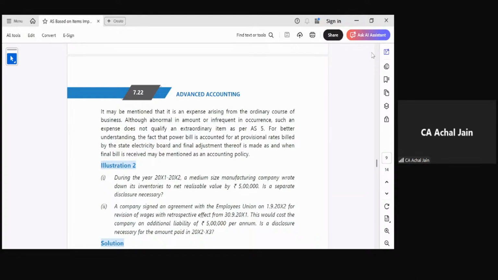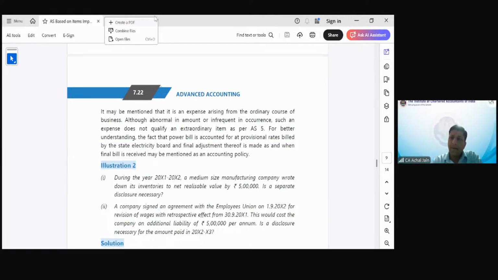Devu says it's an exceptional item. Rohan says it's a change in policy. Very good. Then I think she is saying it's an exceptional item. This amount is significant for the medium sized firm.